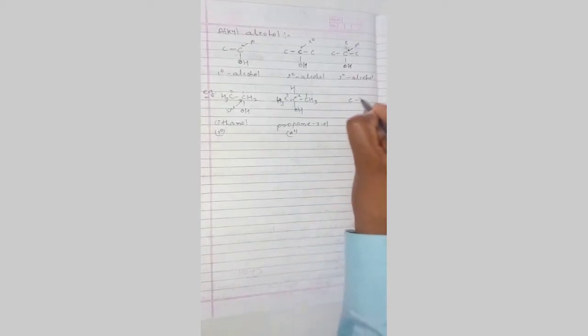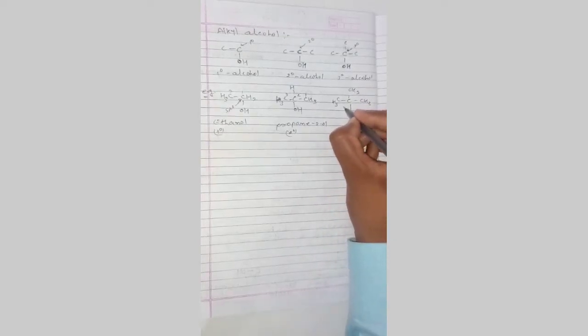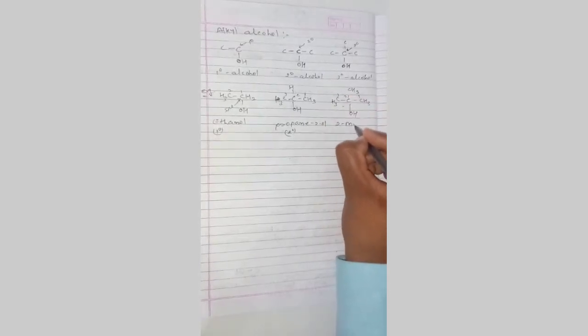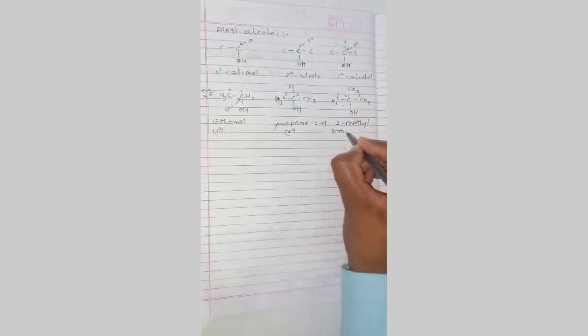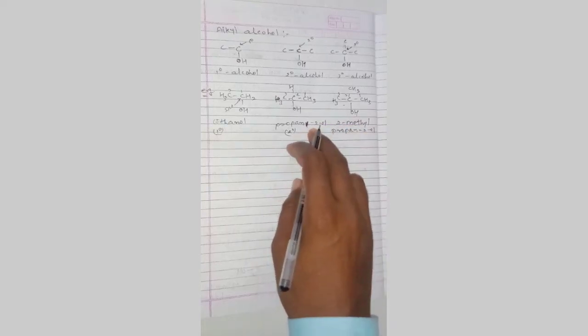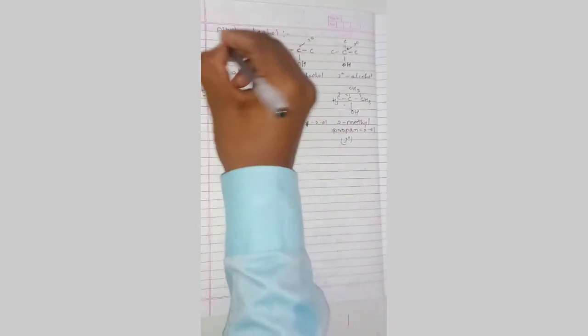Now 3 methyl groups here, in which this is tertiary alcohol, and now its name: 1, 2 and 3. On second position methyl group, so it is 2-methylpropan-2-ol. Here the e will be eliminated. Okay, it is tertiary alcohol. So simple.